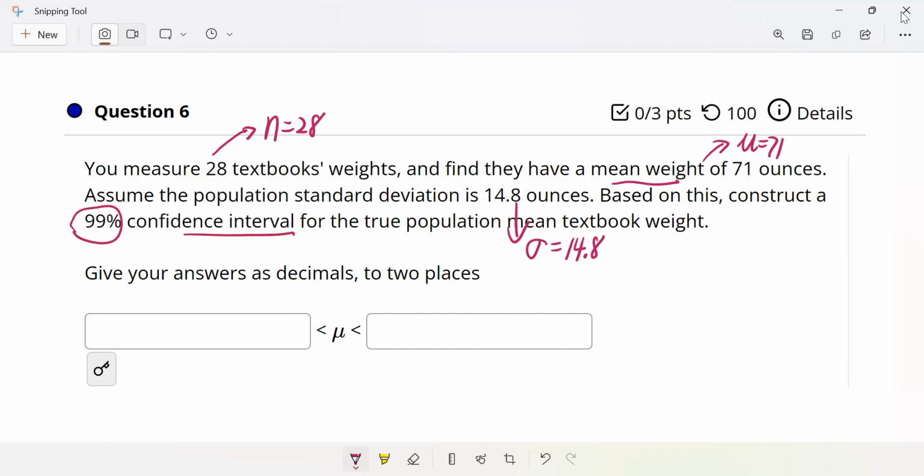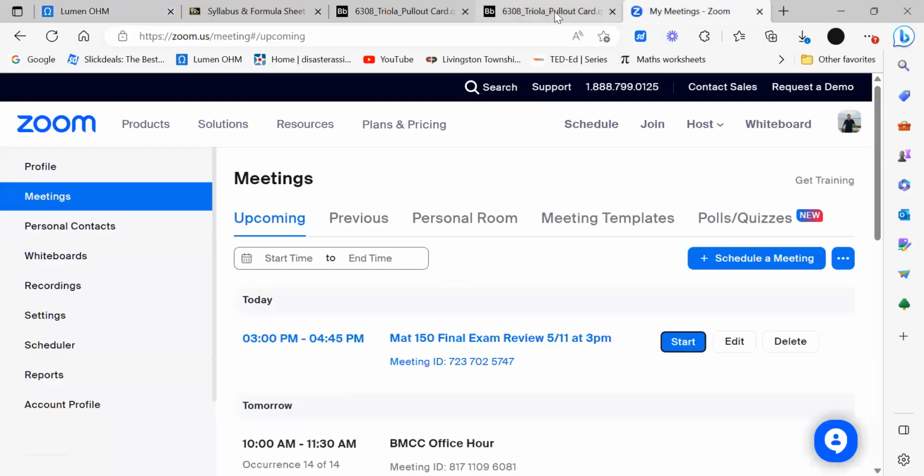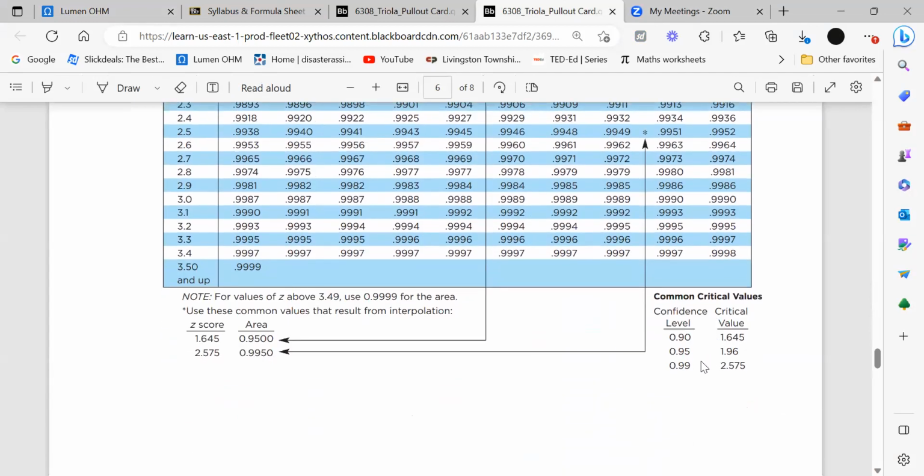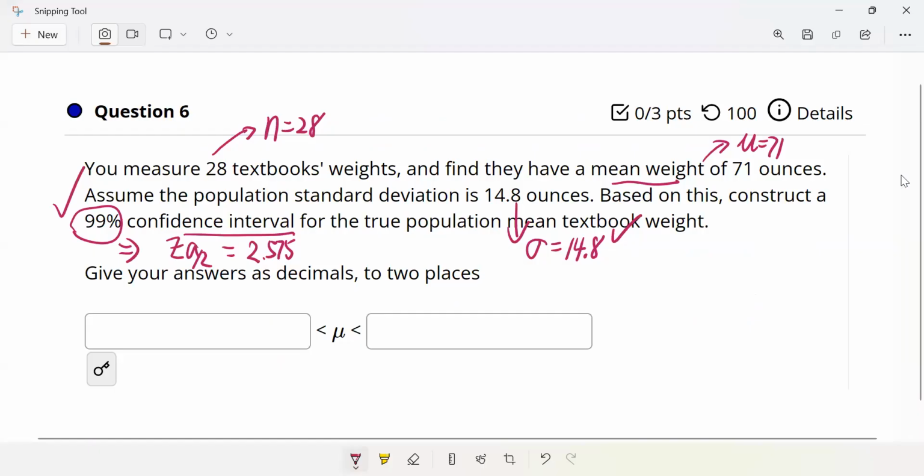So for 99% confidence, because sigma is given, we are using the critical z-score. And for 99% it is 2.575. You don't have to memorize this. You can just look it up really quickly from table A2. If you scroll down to the second page of table A2, for the 99% confidence level, the critical z-score is 2.575. So get it from there.